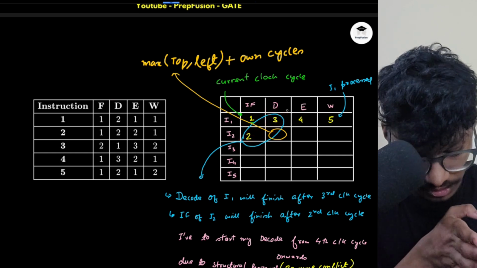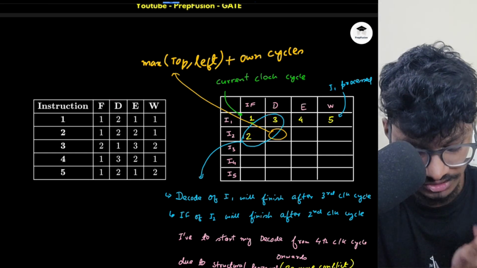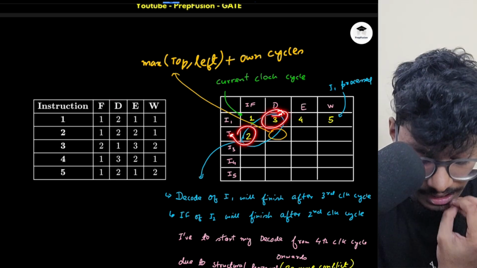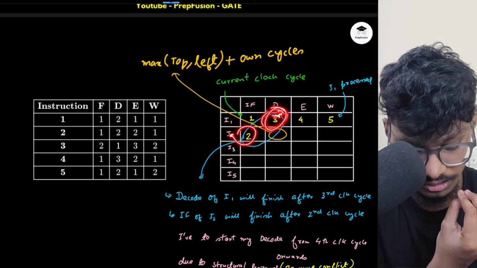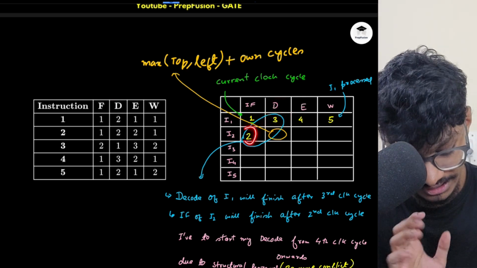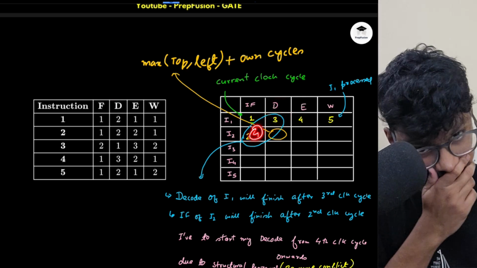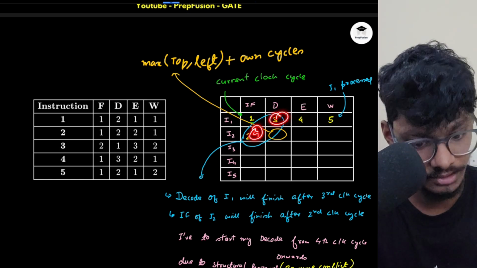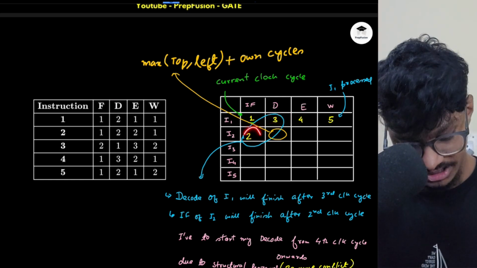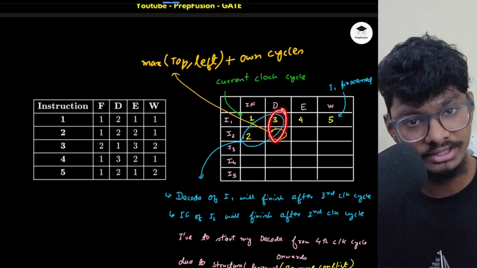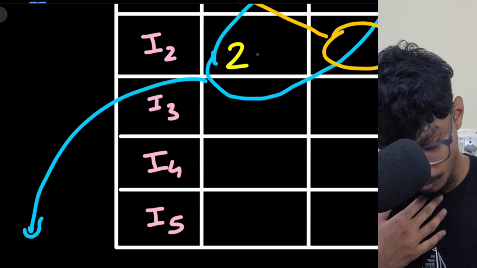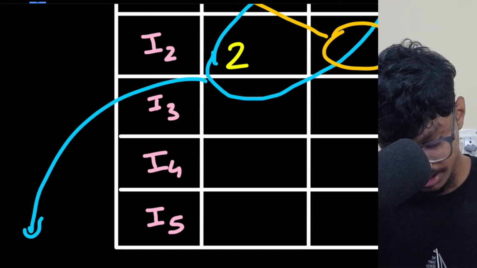From that cycle onwards, I will start, because I cannot start from the second clock cycle, since the decode stage is being used until the third clock cycle. Let's say if this was 4, I also cannot start from 3 now, because the instruction fetch hasn't happened, right? The previous stage hasn't even finished and I am decoding the current instruction, which is not possible. Let's assume that this is 4.